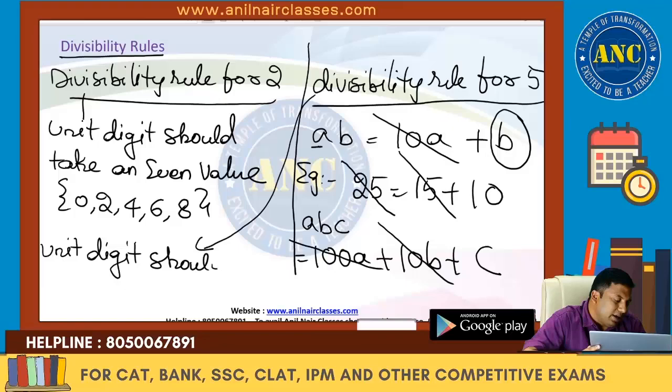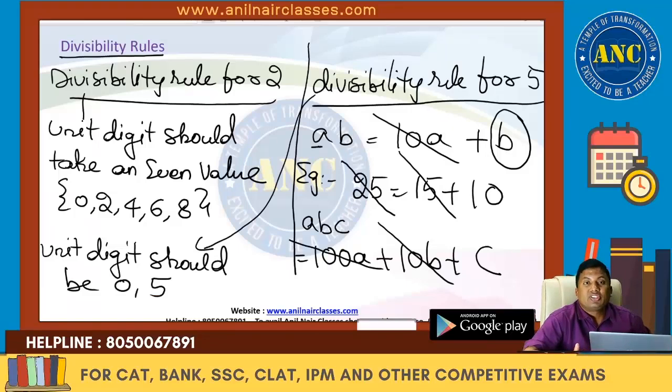Any number multiplied by 5 will give you unit digit 0 or 5. 5 2s are 10, 5 3s are 15, 5 4s are 20, 5 5s are 25. The divisibility rule for 5 says that the unit digit of that number should be 0 or 5. The divisibility rule for 2 says that the unit digit should take an even value. Even value is nothing but a value which is divisible by 2, including 0. I hope it is clear.